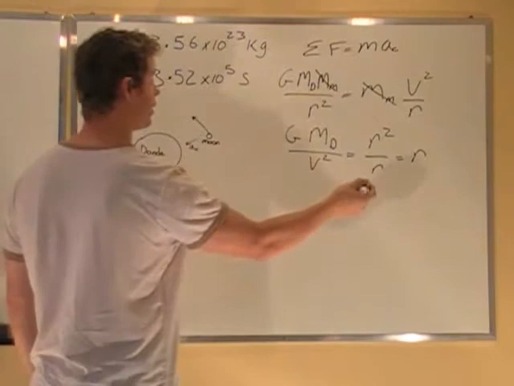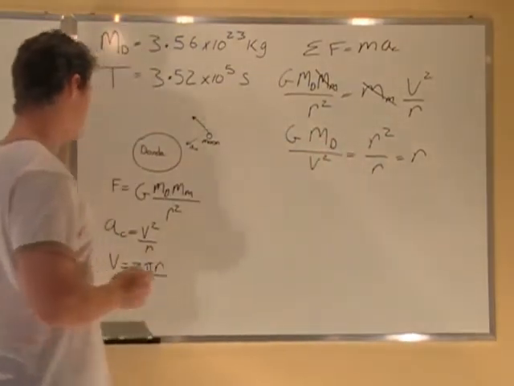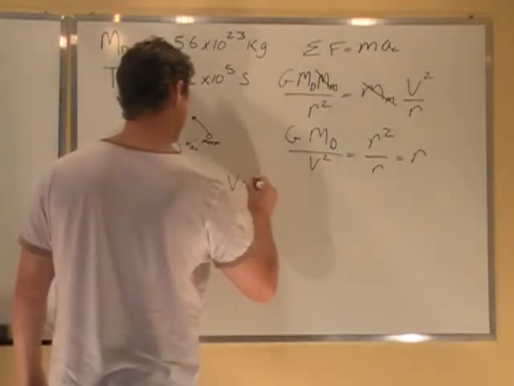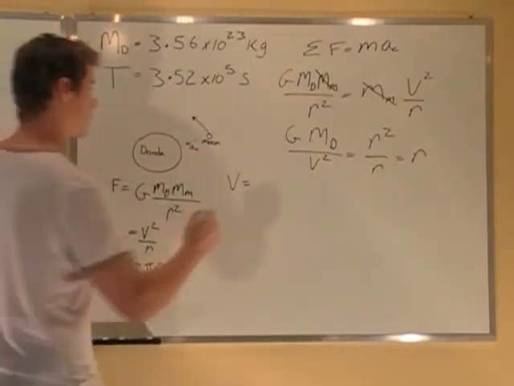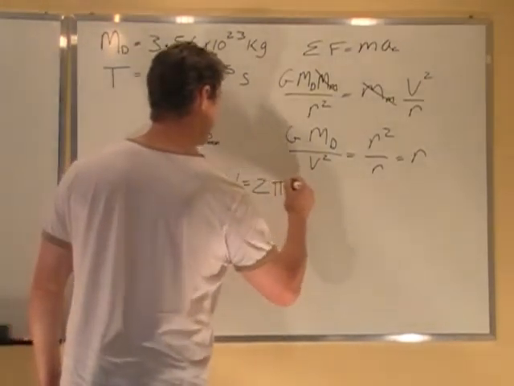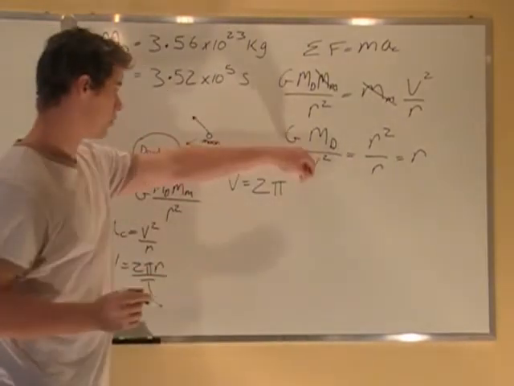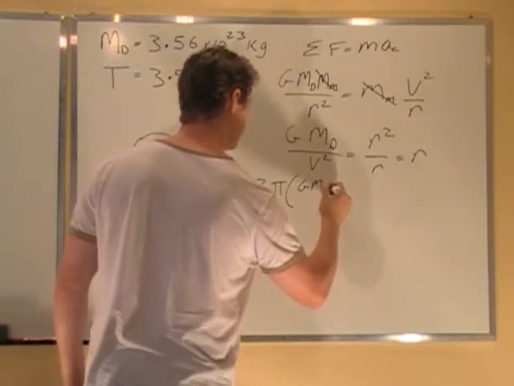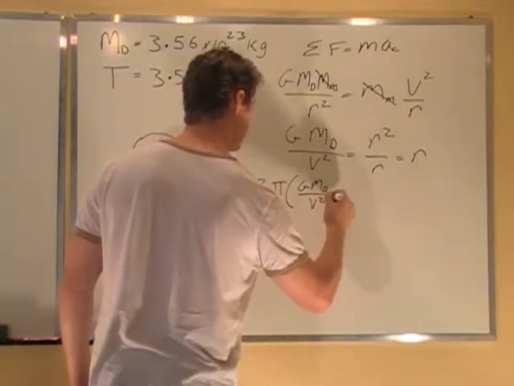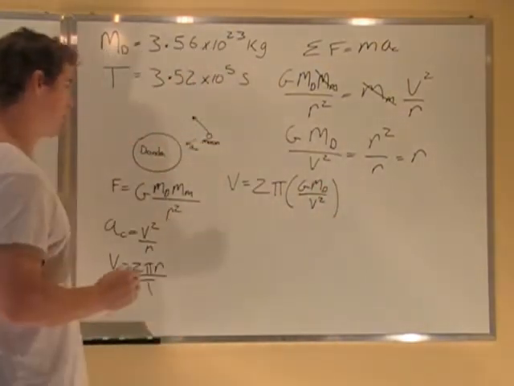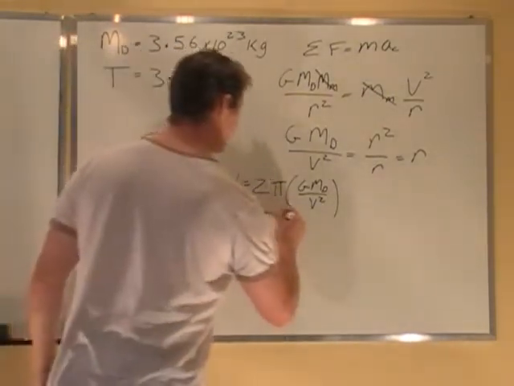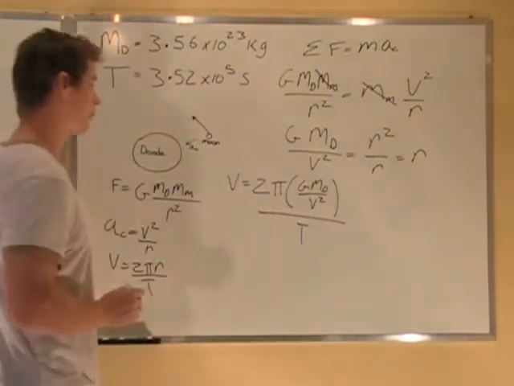So r equals G M_D over v squared. I can plug that in here for r. So I get v equals 2 pi r over T, with 2 pi times r, which is G M_D over v squared, divided by T.